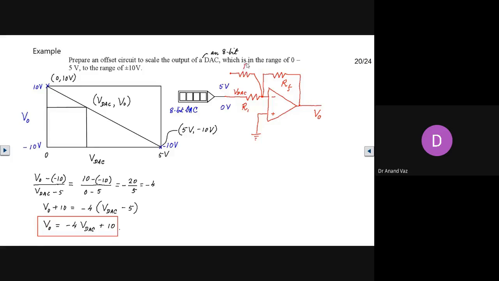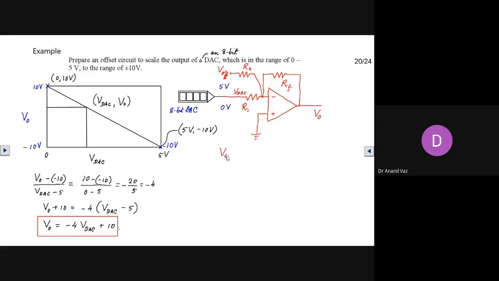Let's say this is R2, and here we will take this as V offset.